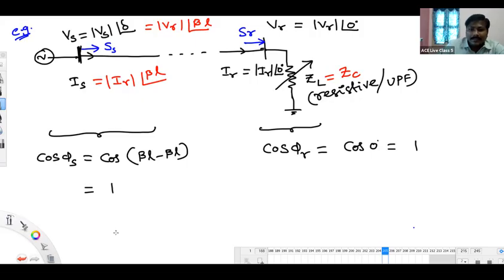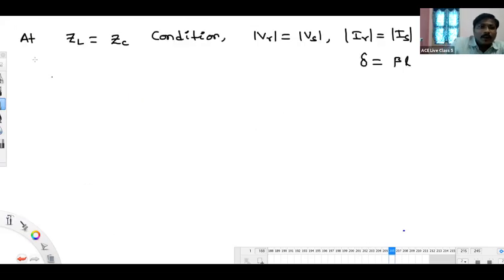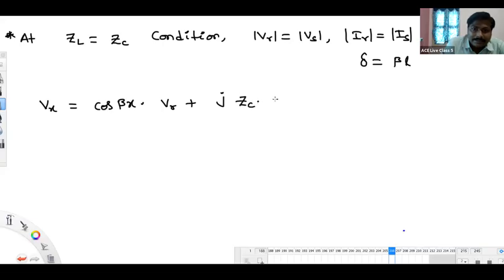Okay, for example, take the voltage at any point X on the transmission line, Vx. What's the formula for that? Just L we have to replace with X. That's it. So Vx is cos beta x into VR plus jZC sin beta x into IR.